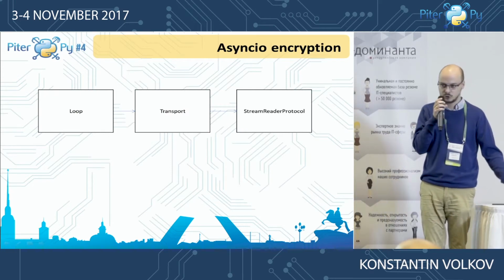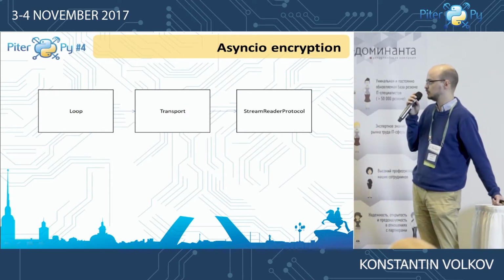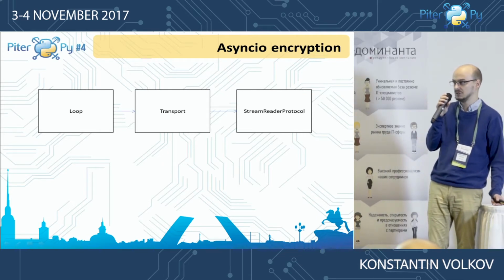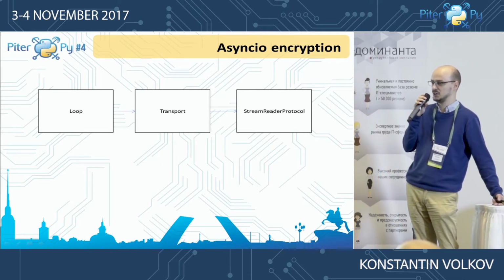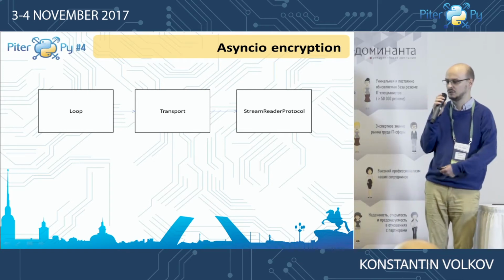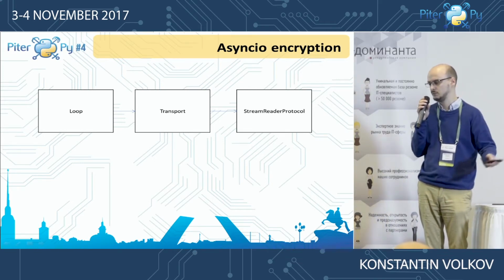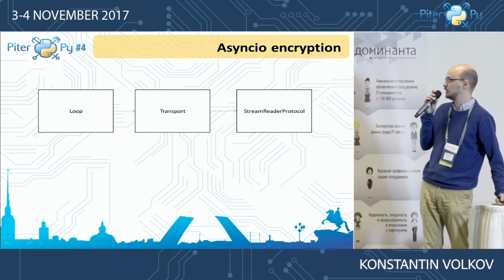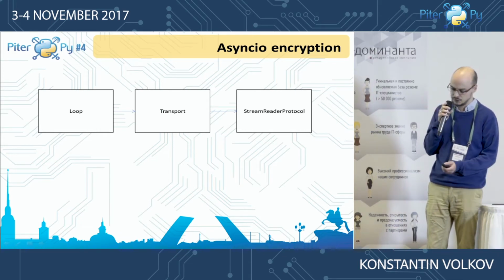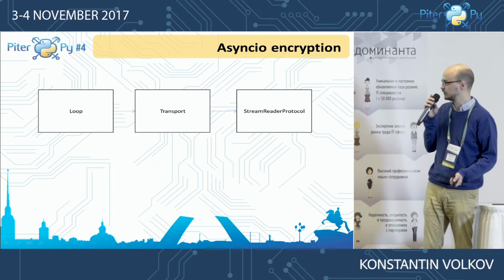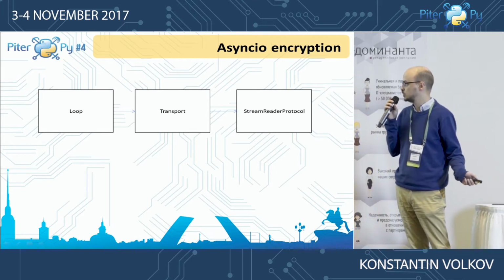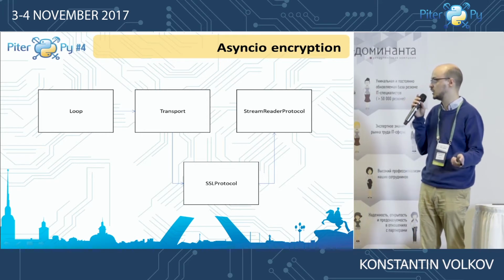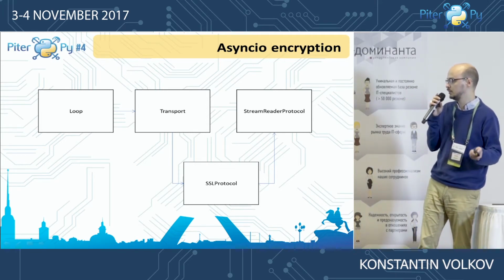And why so complicated? Because there is start_tls in Asyncio and it works, doesn't require any patching. It just says open the service, and the service is open and everything works. But why? Because the transport level and the protocol are isolated well, and there is an SSL protocol that is between the transport and the stream reader.